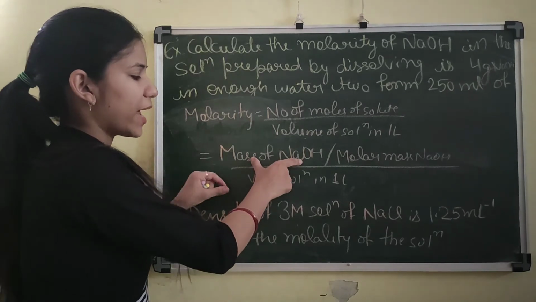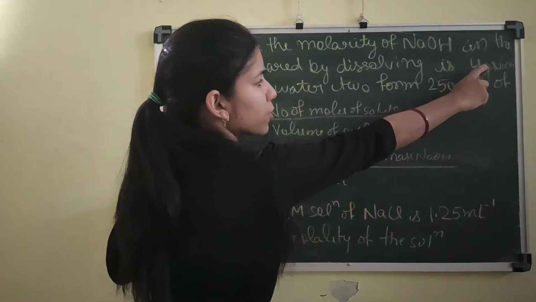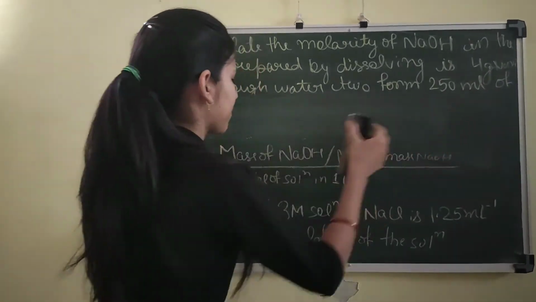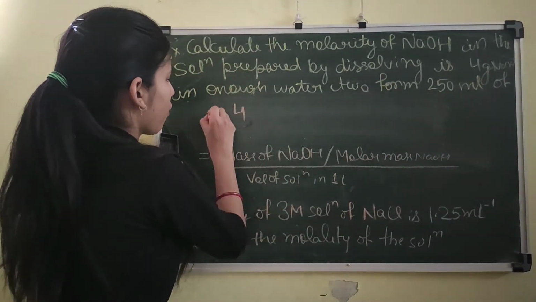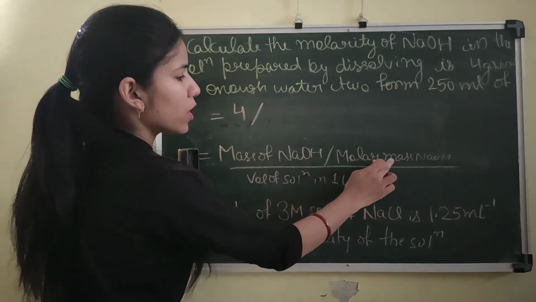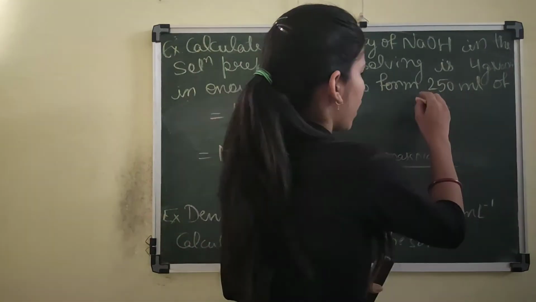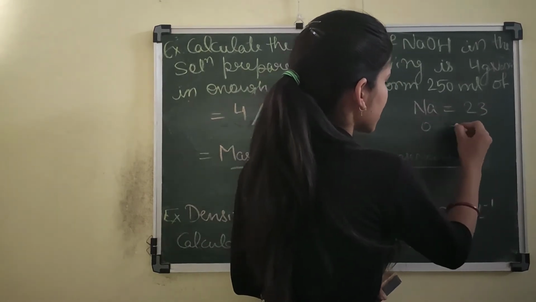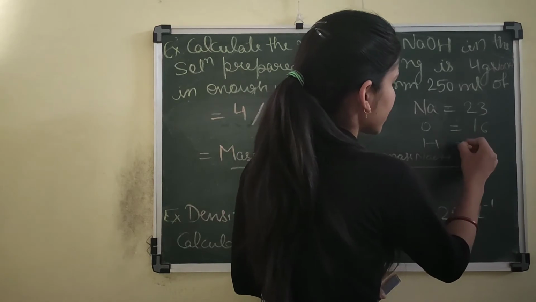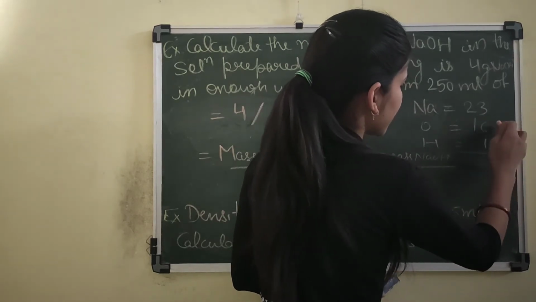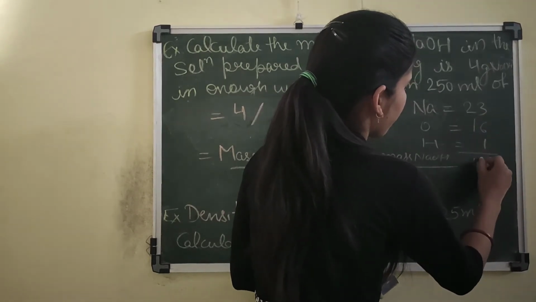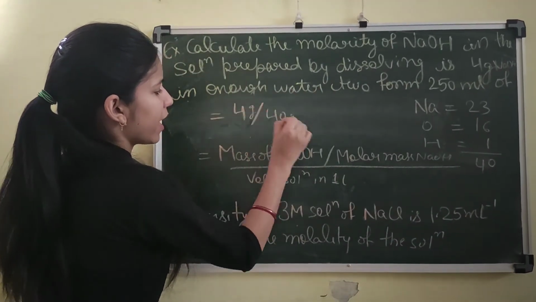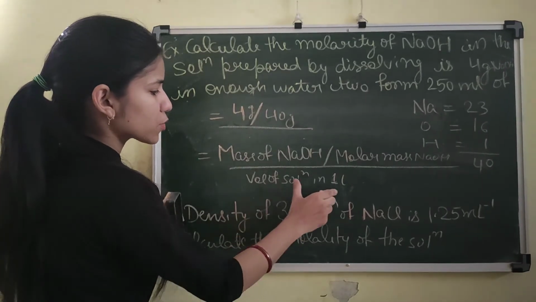Now the mass of the NaOH prepared is 4 gram. So this is 4 divided by the molar mass of NaOH. The atomic mass of Na is 23, oxygen is 16 and hydrogen is 1. So this will be 40. So 4 divided by 40, and divided by the volume of solution in 1 liter.